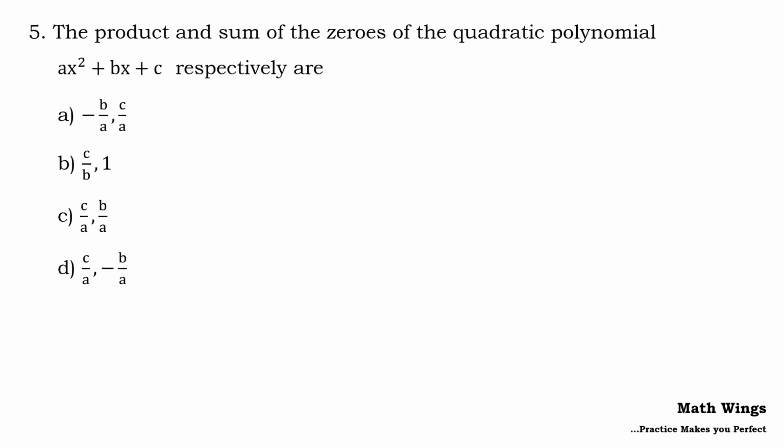The question is: the product and sum of zeros of the quadratic polynomial ax square plus bx plus c, respectively, are. So observe here that they are just asking us to write the product and sum of zeros. Let us recall what we had learned.